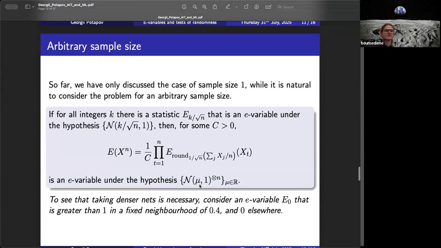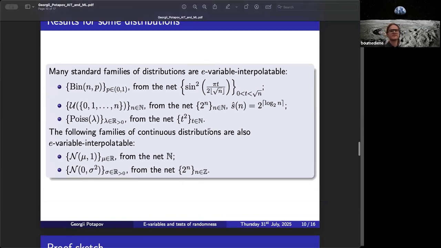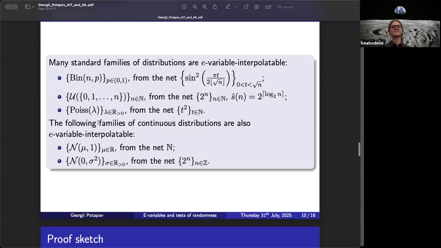Well, so far, these results that I claimed are about a single sample. I mean, a sample of size 1, when we get some natural number, for example, and we try to understand if it looks Poisson to us.